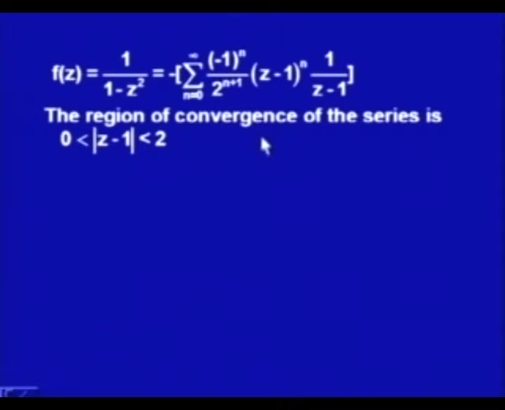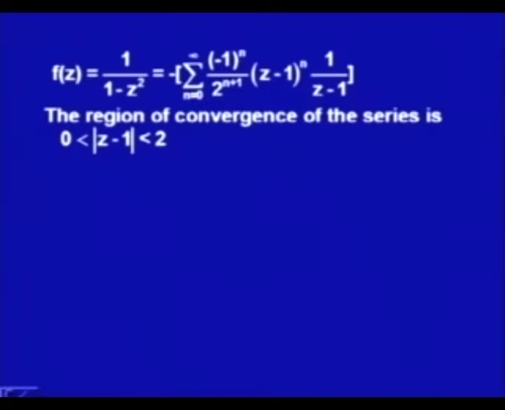The region of convergence of this series is modulus of z minus 1 lying between 0 and 2, because there is another point at a distance 2 from z equal to 1 where the function ceases to be analytic, and that point is minus 1.